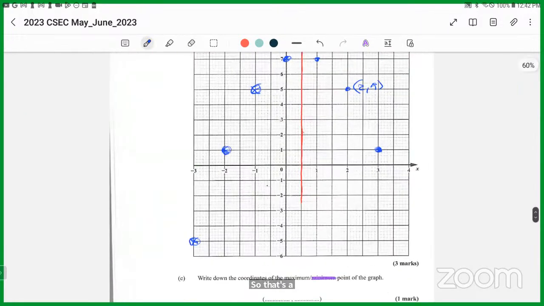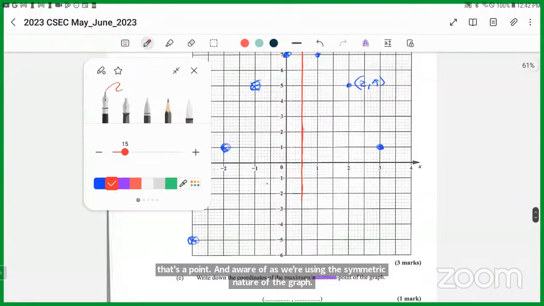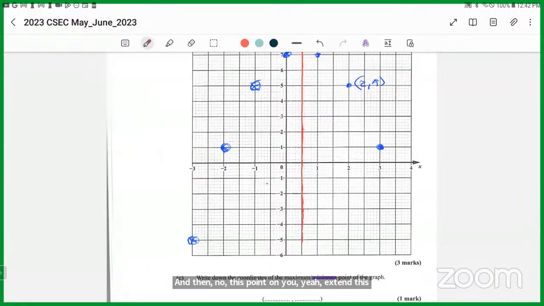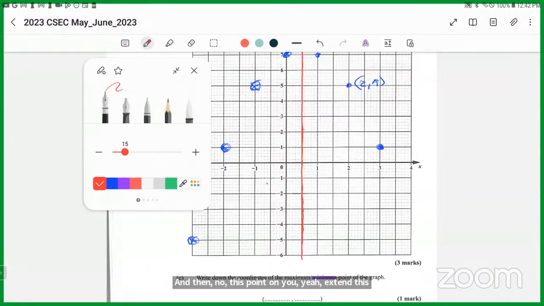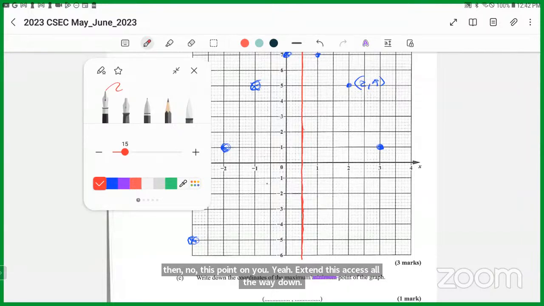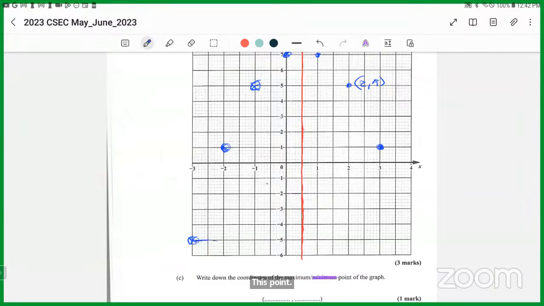And now, this point down here, we can extend this axis all the way down. This point is 1, 2, 3, 4, 5, 6, 7 to the axis. I'm going to go 7 on the other side: 1, 2, 3, 4, 5, 6, 7.